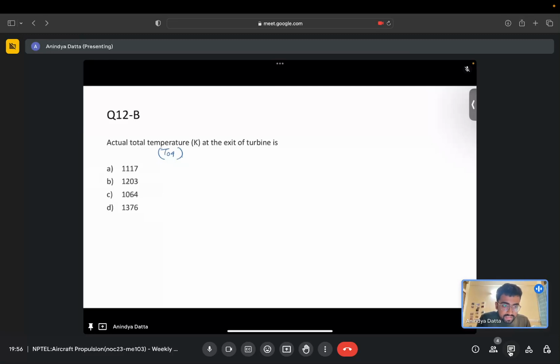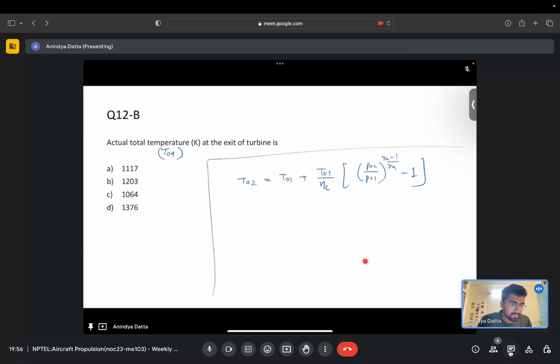First let us find the compressor work. For that we have to find T02, the temperature at the compressor exit. This is T01 plus T01 over eta C times (P02 by P01) whole to the power gamma A minus 1 by gamma A. Initially we are finding the total temperature at the exit of the compressor using the pressure ratio of the compressor, the inlet temperature and the compressor isentropic efficiency.